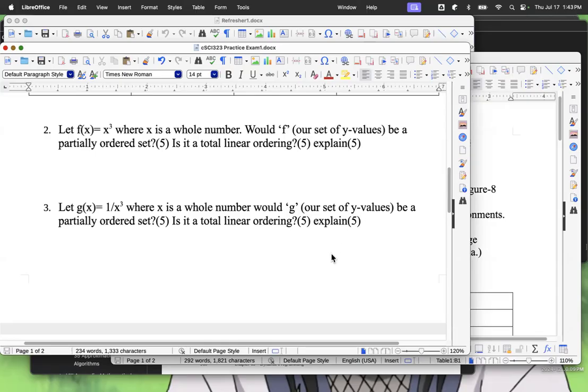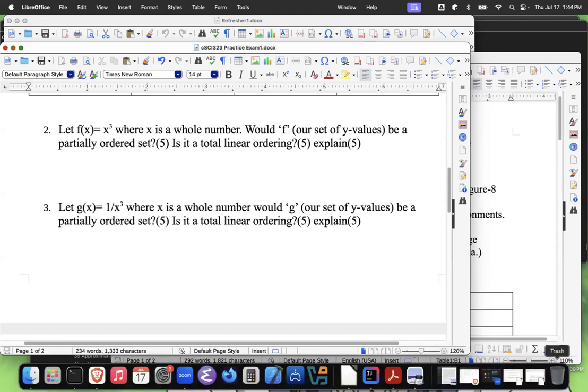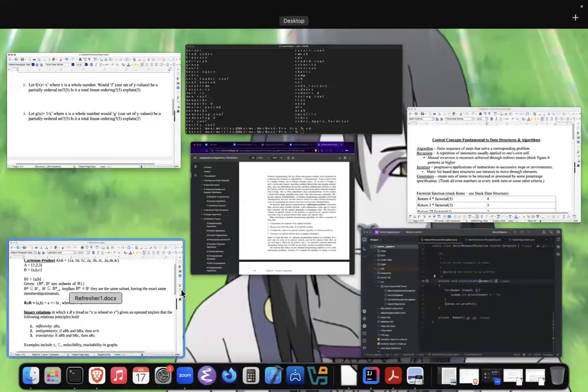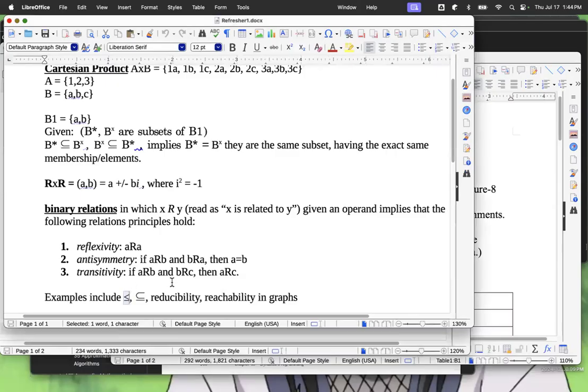I'm just saying in general, if A were a subset of B, regardless of their sizes or their exact membership, let's just suppose that, we could take it as a given that A is a subset of B and B is a subset of C. Would A then be a subset of C? A is a subset of B, and C is a subset of B. Okay, let me just go back. If you could type it out exactly, that would be appreciated.